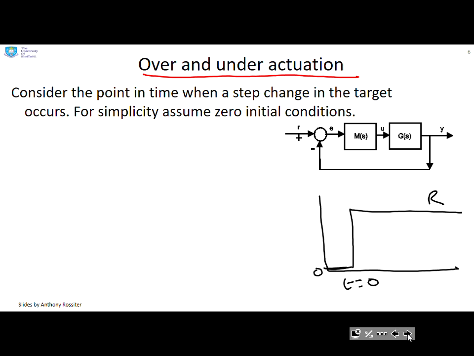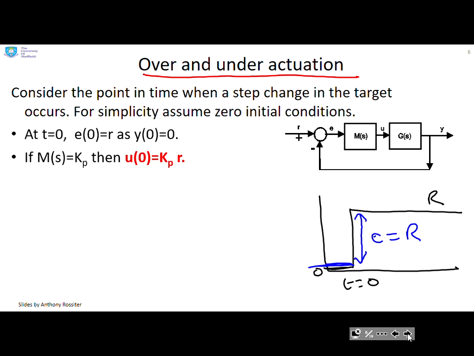Now, the output at this point would also have been 0. So what happens at the point where the target changes? What you'll see is you're going to have an instantaneous error equal to R. So at t equals 0, the instantaneous error is going to match the target.